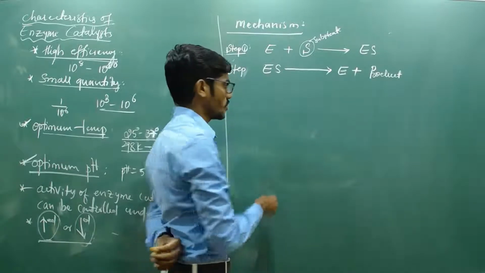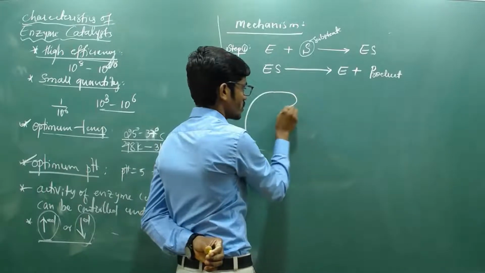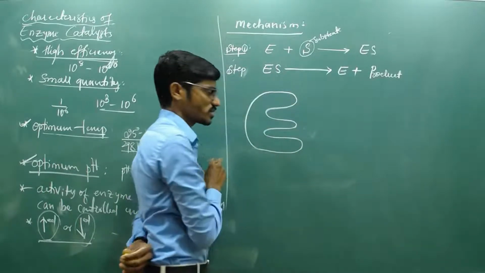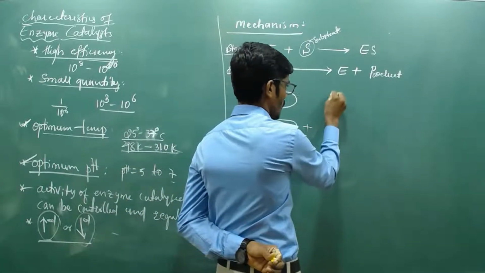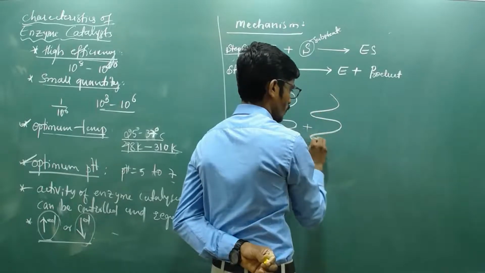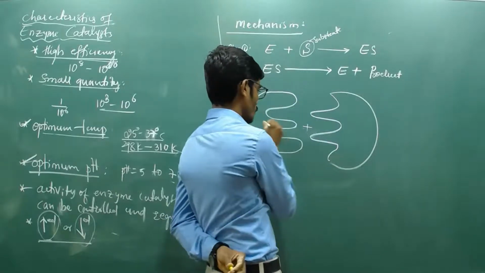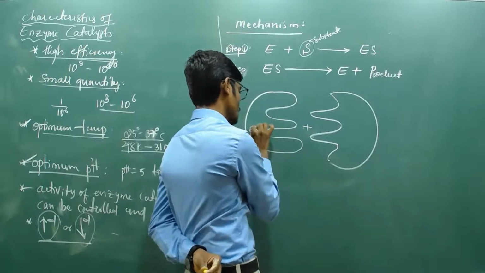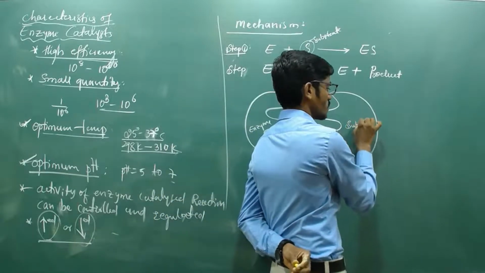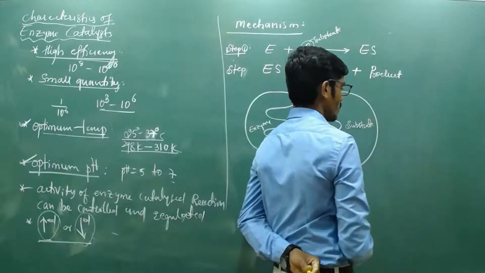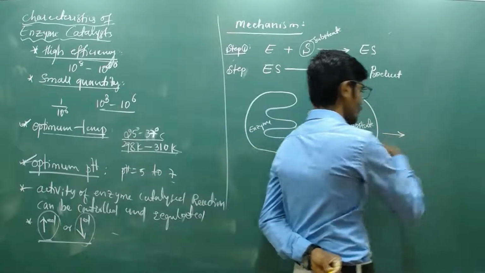So in the lock and key model, for example, this is the structure of an enzyme, and this one is the substrate, the reactant. When the enzyme plus substrate come together, this gives the enzyme substrate complex.